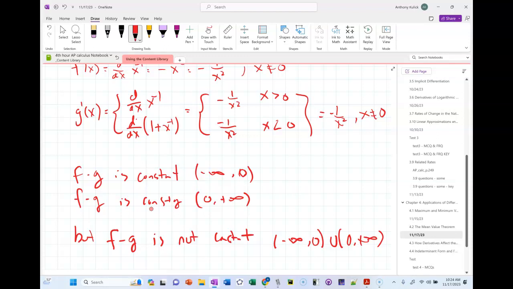So you can say the first half is constant, and the other half is a constant, but all together it's not. Good? Yes. Okay. And the reason is because the domain here is not an interval. It's the union of two intervals where there's a break in there. So, last call on questions.